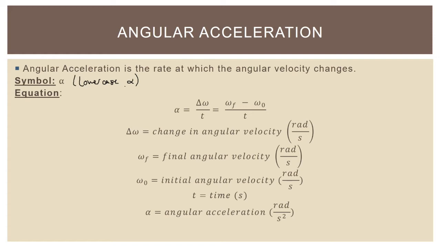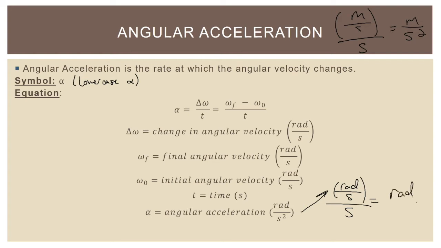This works exactly the way it worked for linear acceleration. For linear acceleration, we always had meters per second divided by seconds is meters per second squared. And so here we have the change in angular velocity measured in radians per second divided by seconds, which gives you radians per second squared.